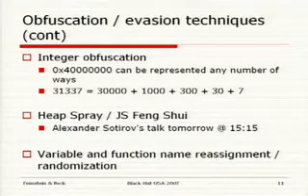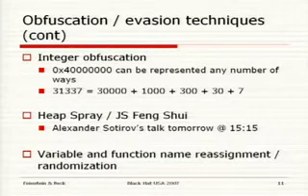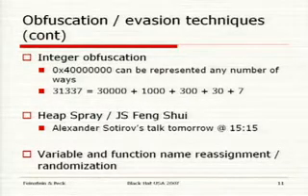I recommend y'all check out Alexander Sotirov's talk tomorrow on JavaScript heap spray, or as he terms it, JavaScript feng shui. Basically, the idea there is that your JavaScript, since it's being interpreted dynamically in the browser, all that execution is affecting the heap of the browser, the memory space of that application.